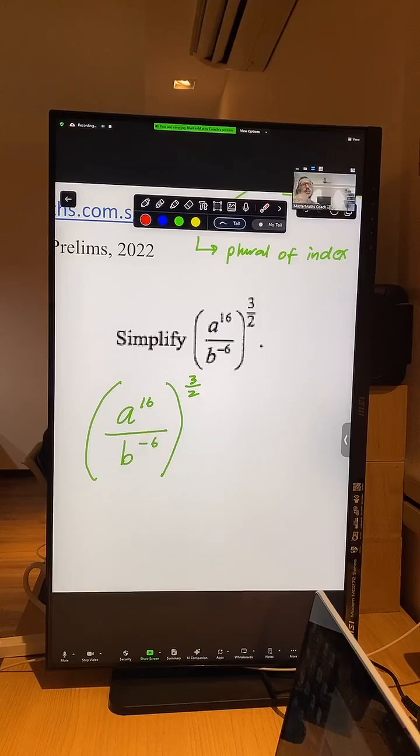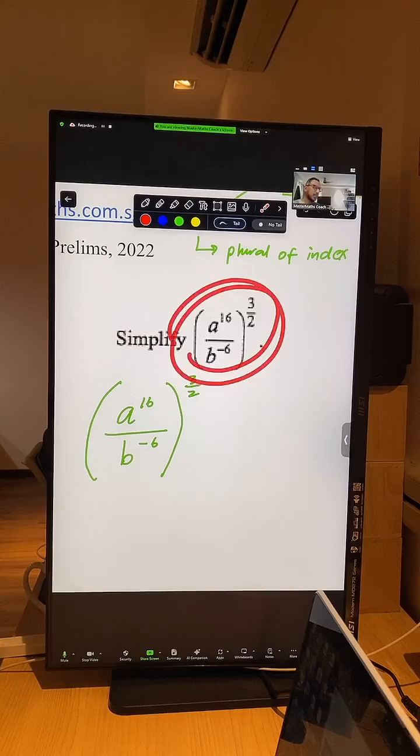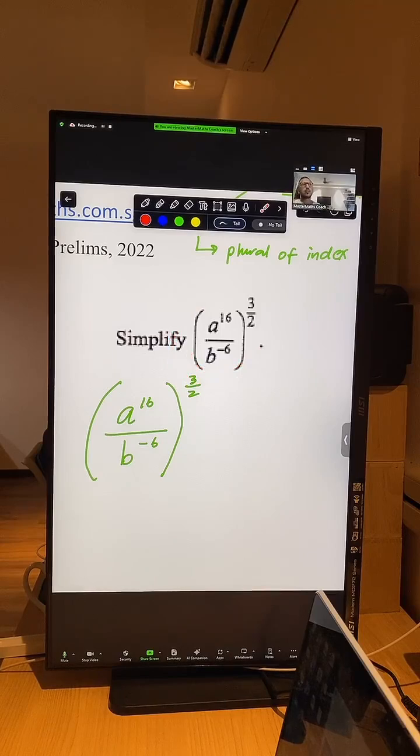So you must bring it to the top, from the denominator to the numerator, because usually when we simplify algebraic fractions or expressions involving indices, we have to leave it in positive indices.